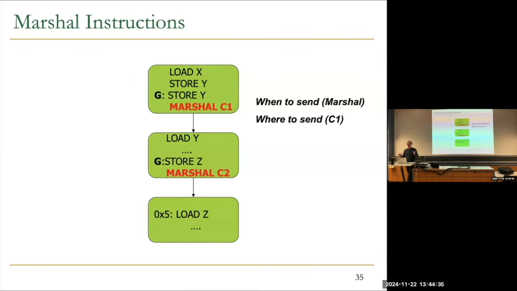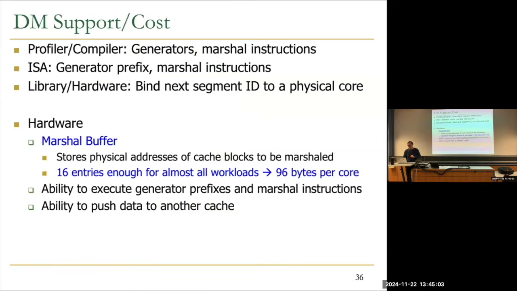It cannot be physical, otherwise programmers are really using physical assignment onto the cores. So there are issues like this which need to be taken into account. But you produce a marshal instruction, okay? This doesn't have to be the last instruction either. Again, it could be somewhere in the middle. In fact, it's better if you can schedule it much earlier, because if it's the last instruction, the segment is ending, and the other segment is probably going to start very soon, and you're not going to overlap a lot of latency, probably. Okay, so that's the idea.